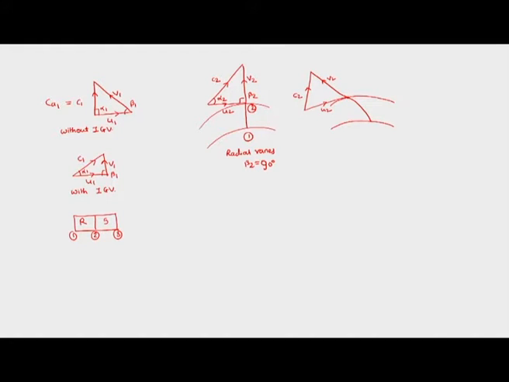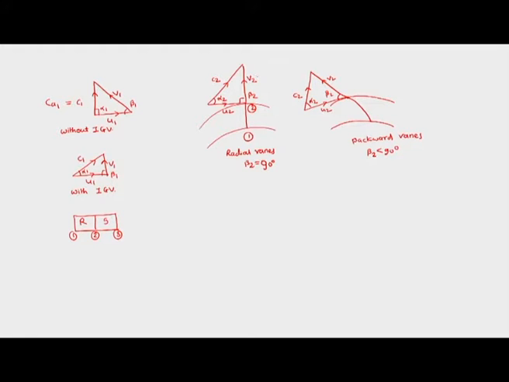So this is the possible velocity triangle for backward facing vanes. This is beta 2 and this is alpha 2. Here this is backward facing vanes, and this is beta 2 which is less than 90 degrees.